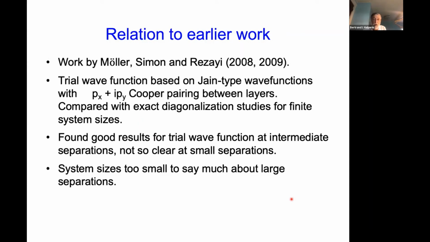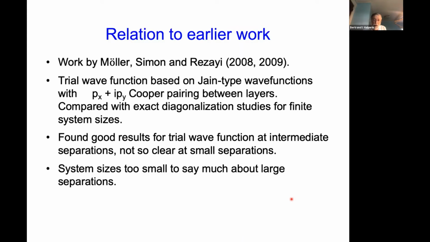I should say this work, which was published in 2017, was very similar to work that was done earlier by Mueller, Simon, and Rezayi in 2008, 2009. They looked at trial wave functions based on Jain-type wave functions, introducing px plus ipy Cooper pairing between the composite fermions in different layers, and they compared the ground states that they found for these trial wave functions with exact diagonalizations for finite system sizes.